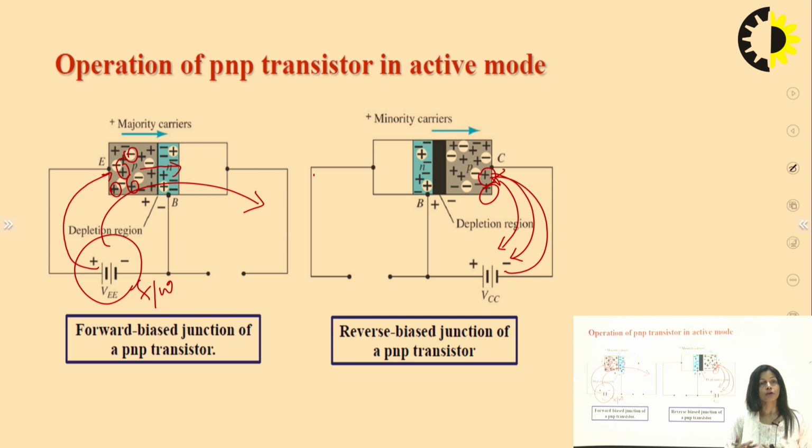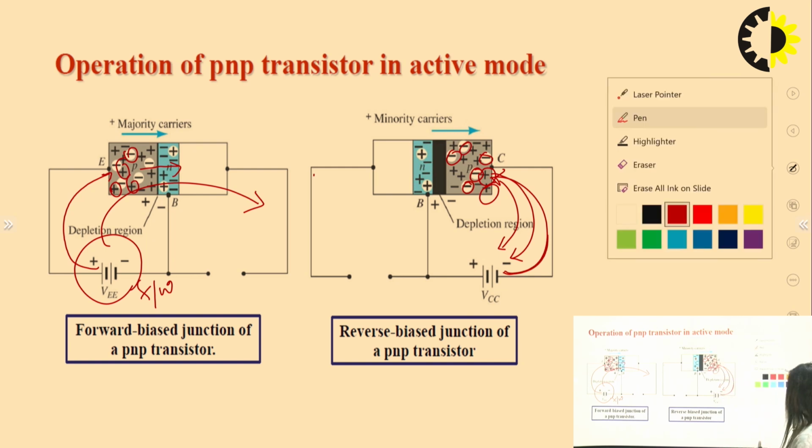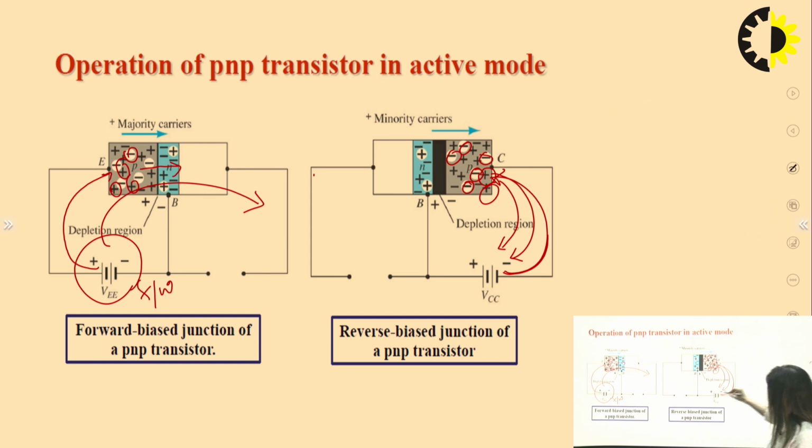Now coming to what is happening with the minority carriers at the reverse biased junction. Some electrons are present here at the P type, and all these electrons will be attracted by the negative terminal, and they would lead to a very small current, and that current is known as reverse saturation current because this particular junction is reverse biased.